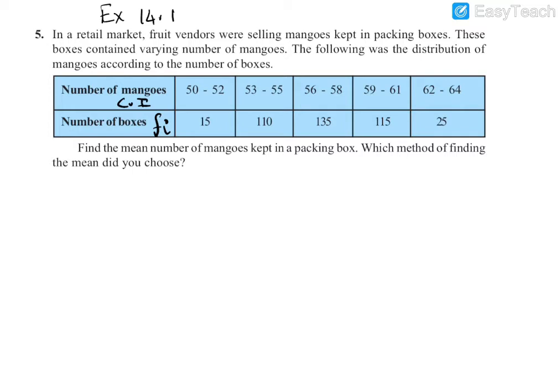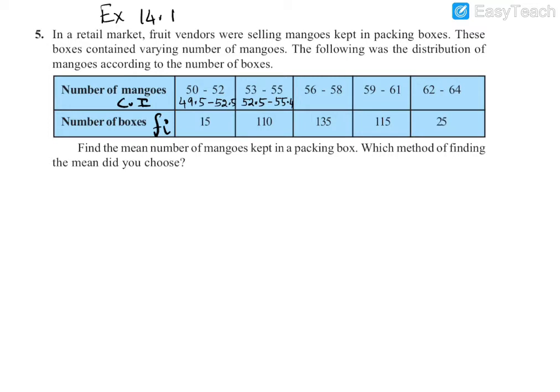So this class interval will become 49.5 to 52.5. Similarly, the next class interval will be 52.5 to 55.5. And likewise, you can convert all of these class intervals into continuous class intervals.